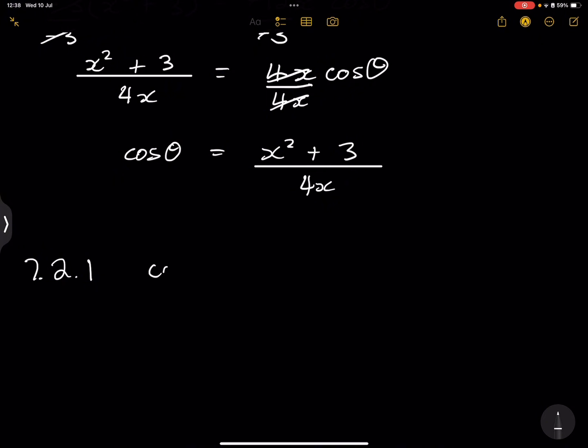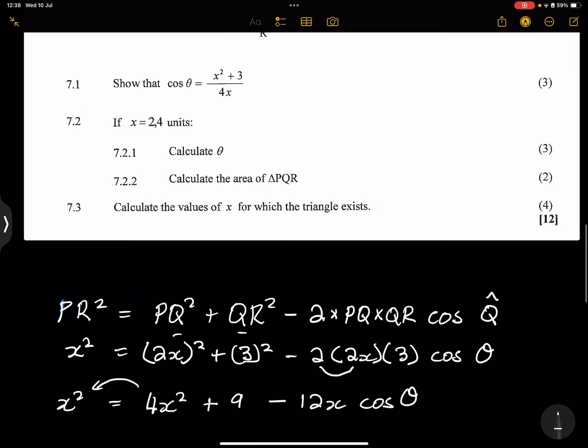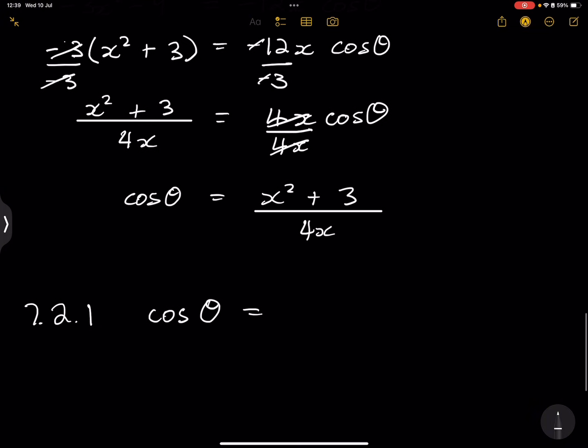So if x is 2.4, which means we're going to substitute 2.4 everywhere we see x. So that would be 2.4 squared plus 3 divided by 4 times 2.4.